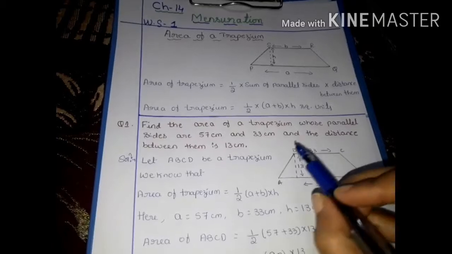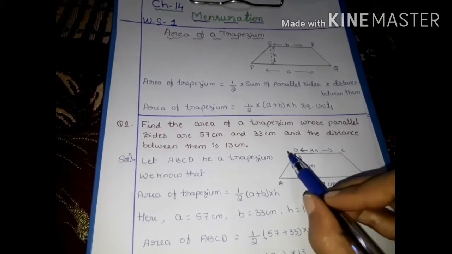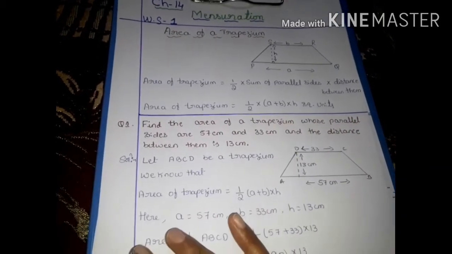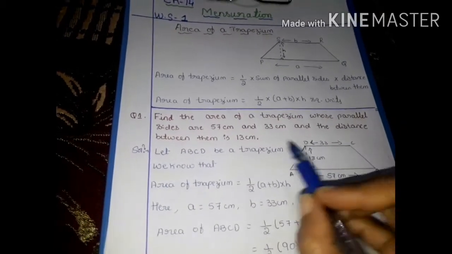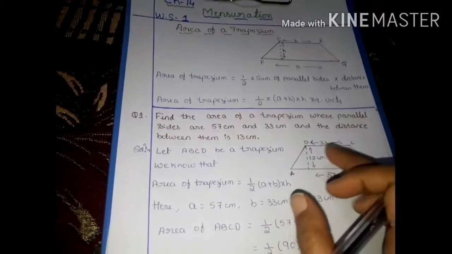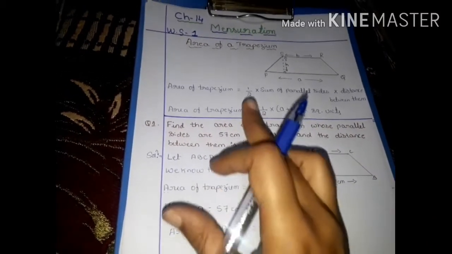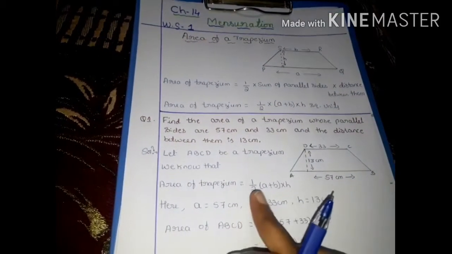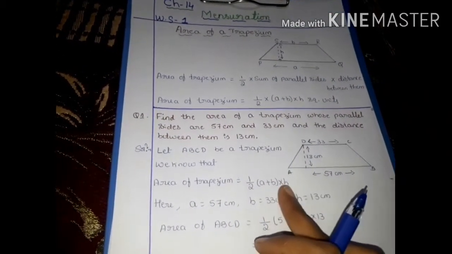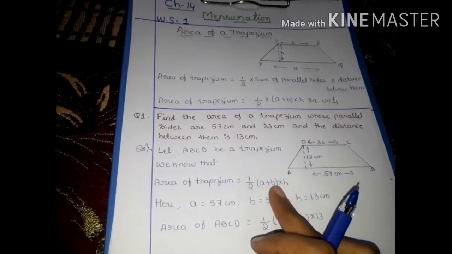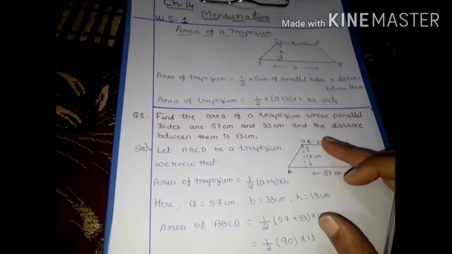Now give the figure a name, A, B, C, D. You can give any alphabet. In the solution, first write down: let ABCD be a trapezium. We know that the area of a trapezium formula is half into A plus B into H, where A and B are the lengths of the two parallel sides of a trapezium.